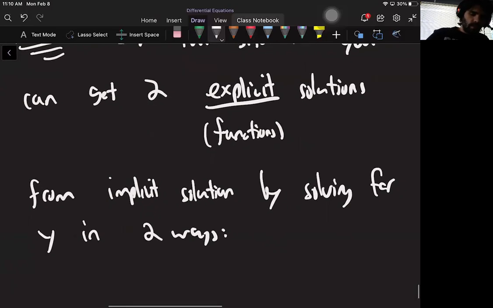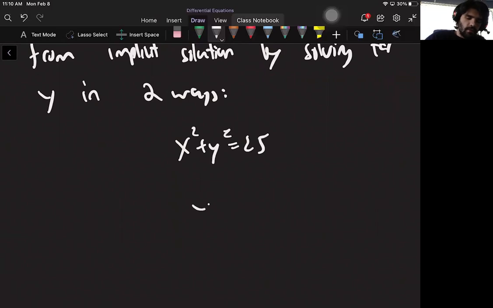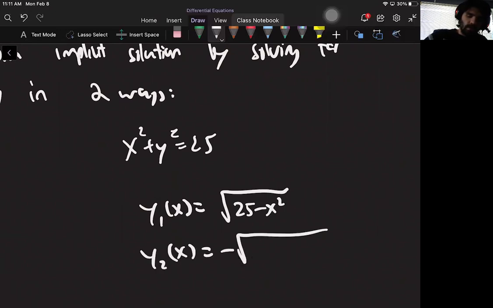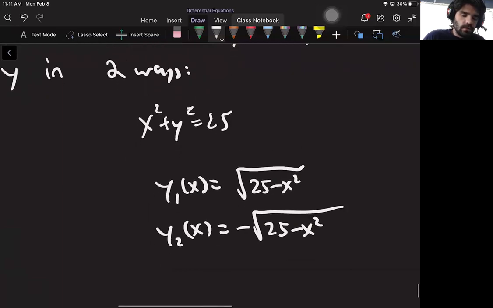So if I start with x squared plus y squared equals 25, then if I solve for y, there's actually two functions that I can use instead of one. And so I get these two different functions. So you can go ahead and try to solve for y, and you'll get these two things. When you square root, you get a choice of which one you want to pick. So that's why you get two solutions.